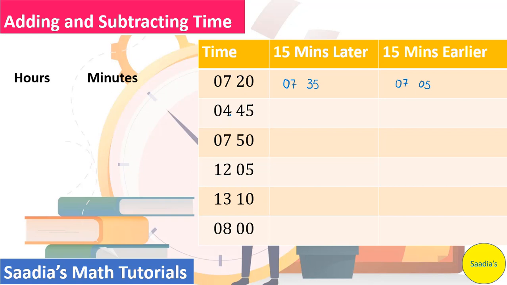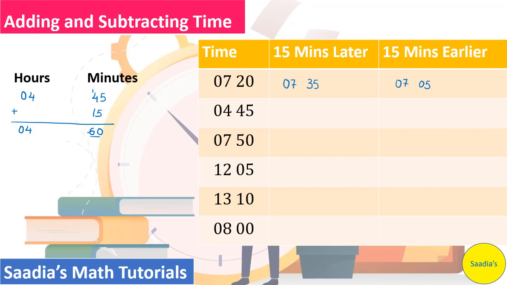What will be the time 15 minutes later? 4 hours, 45 minutes. We have to add 15 minutes. What do we get? 5 plus 5 is 10. 1 carried. 4 plus 1 is 6. And 4. So 4 hours and 60 minutes. And we know that 60 minutes is equal to 1 hour.